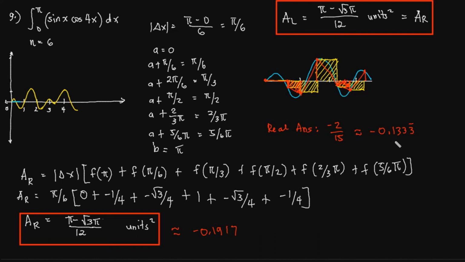Let me check what the percent error is if we try to solve for it. So, it's quite big, actually. Almost 50% deviation. So, it's big. But as we said, the Riemann sum is just an approximation method. So, if it's big, there's nothing we can do about it.